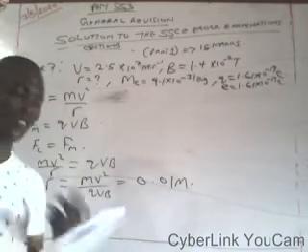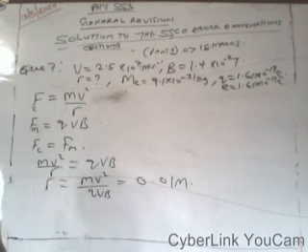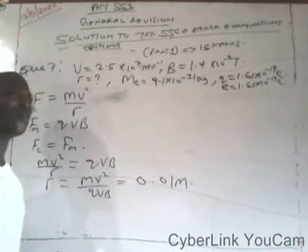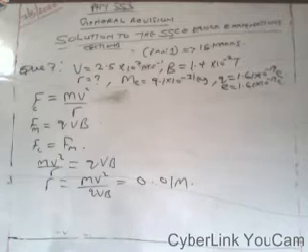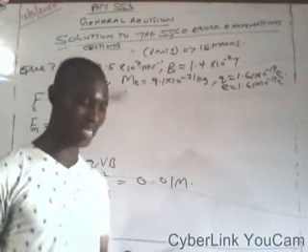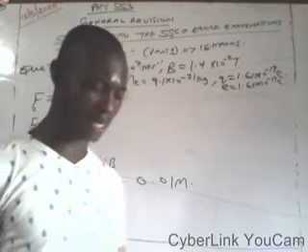In other words, an n-type semiconductor has more electrons than holes. So that's the answer to question 8.